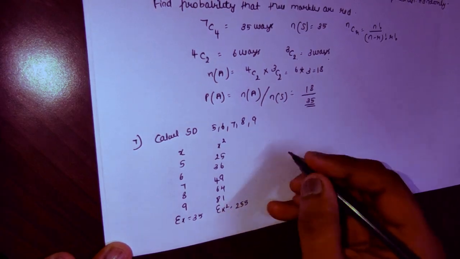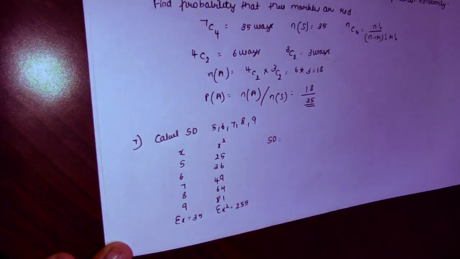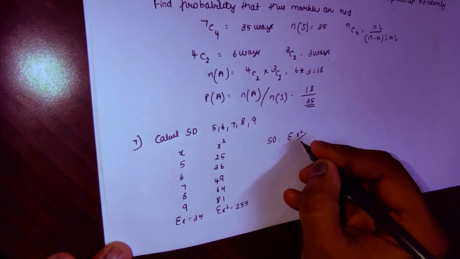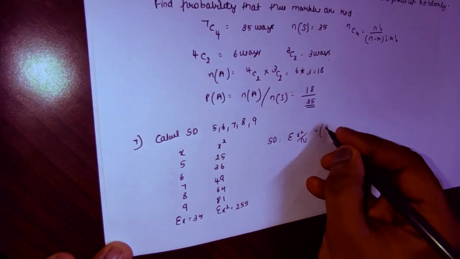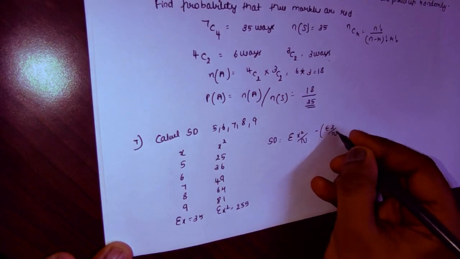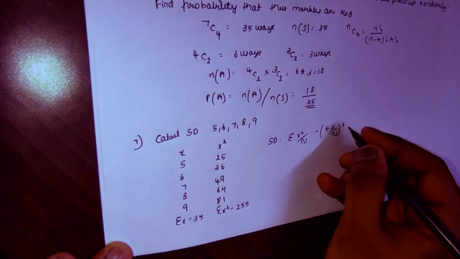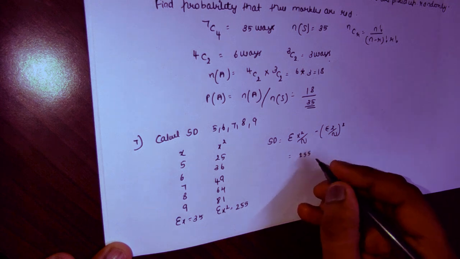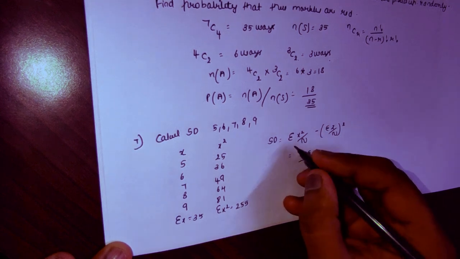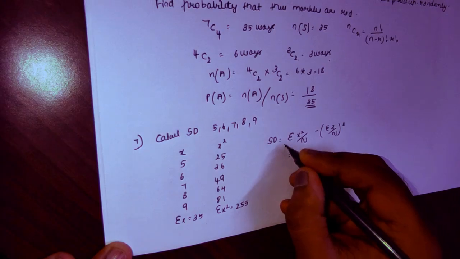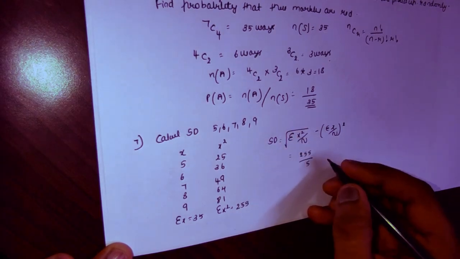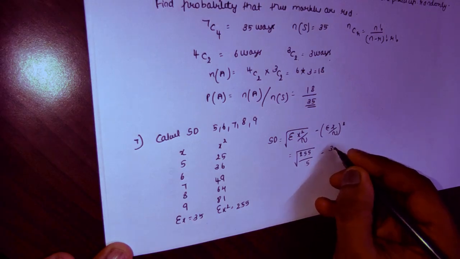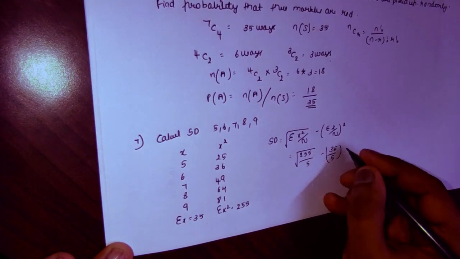255. Now we know the standard deviation formula, that is the square root of summation of x square by n minus summation of x by n whole square. So it becomes square root of 255 by 5 minus 35 by 5 whole square.